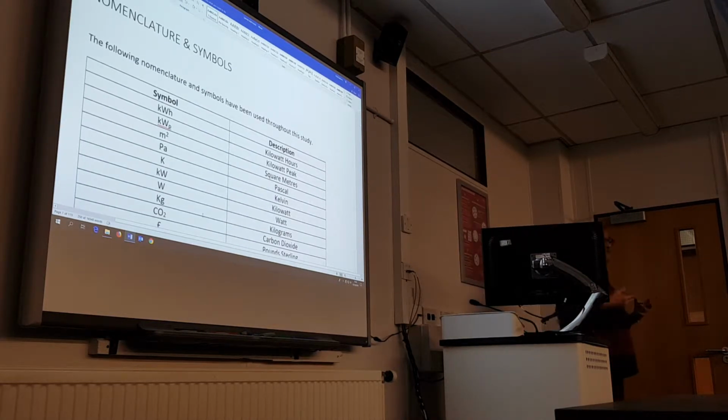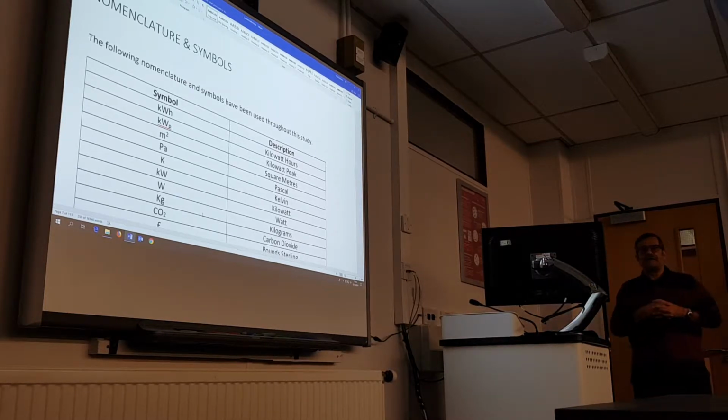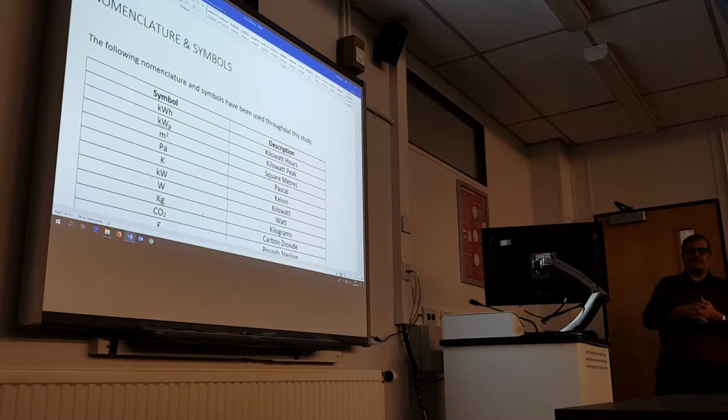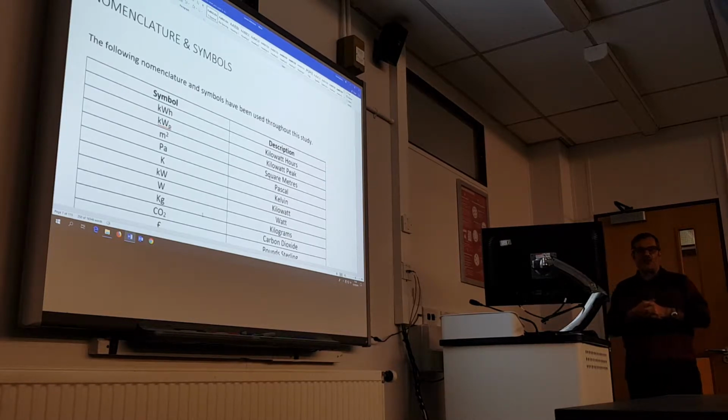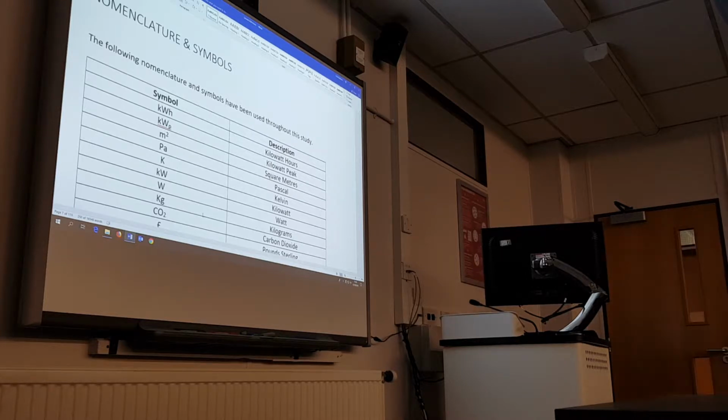Nomenclature and symbols as well. If you're using any calculation, like kilowatt, kilowatt hour, meter squared, Pascal, Kelvin, watts, kilogram, carbon dioxide, CO2, and the 2 is always a subscript. It's not a superscript.